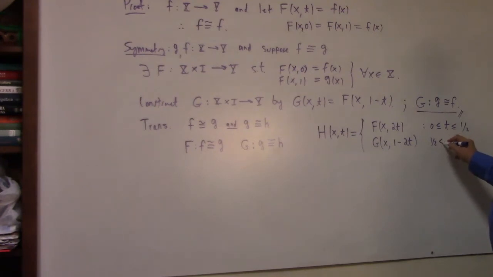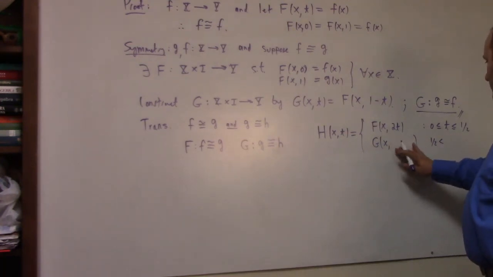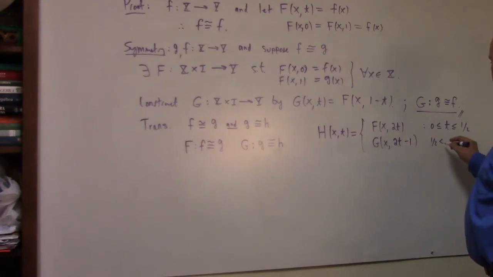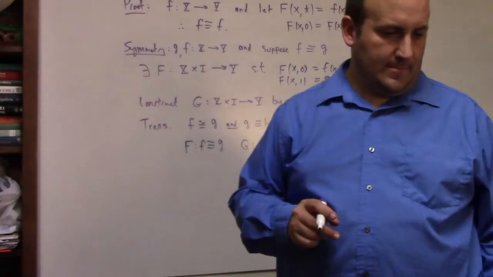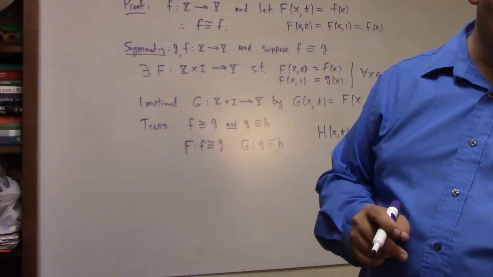Is that it? No, that can't be it, because that's going to be negative 1 at one half. No. 2t minus 1? Yeah, I think it's 2t minus 1. Sweet.